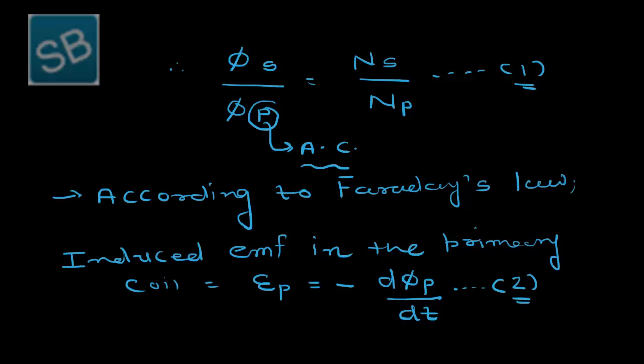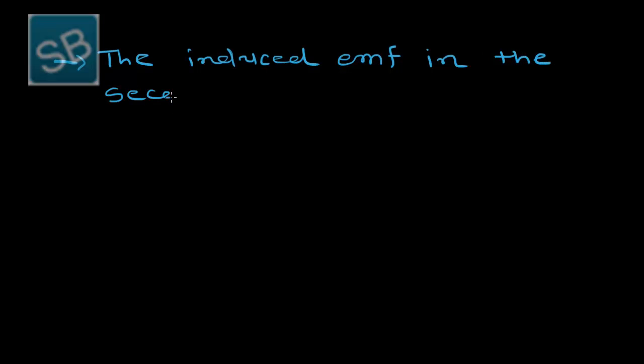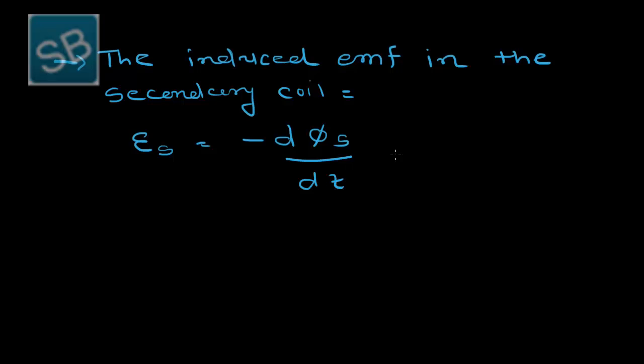So this is the second important result which we have obtained, and by applying the same law on the secondary coil, we get the induced EMF epsilon s equal to minus d phi s by dt, and that is result number 3.